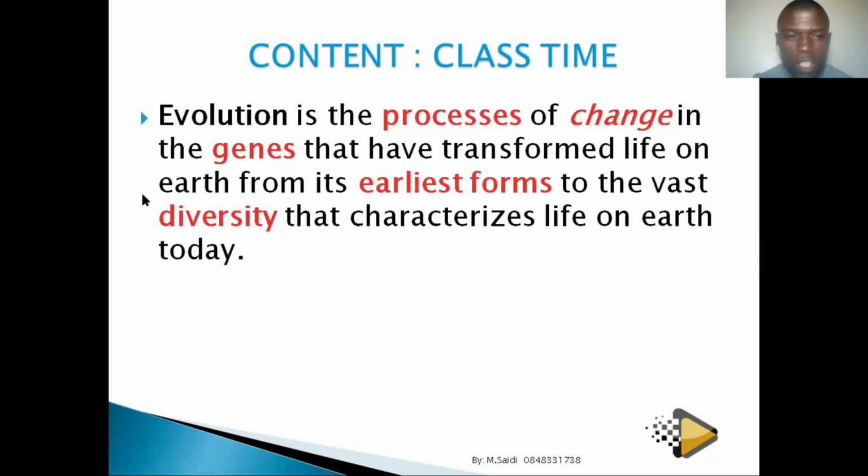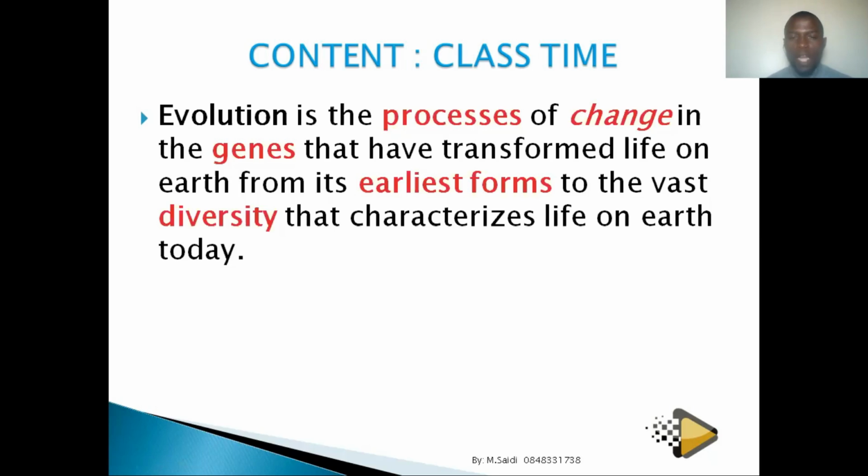The moment you touch the genes, you have touched the core of an organism. So this process of change in the genes has transformed life on Earth from its earliest forms to a vast diversity.